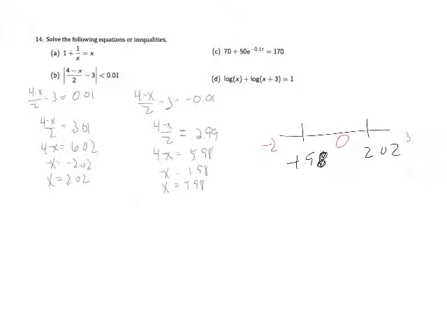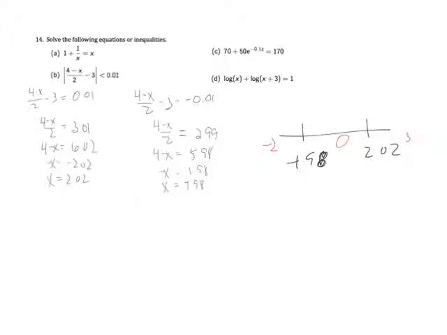So I want to know where this is less than 0.01. If I take my 0 and plug it in here, 4 minus 0 is 4 divided by 2. Wait, one second.